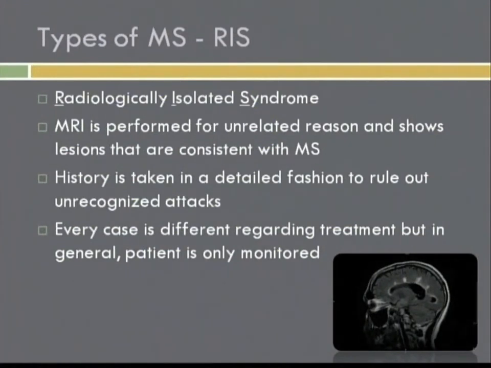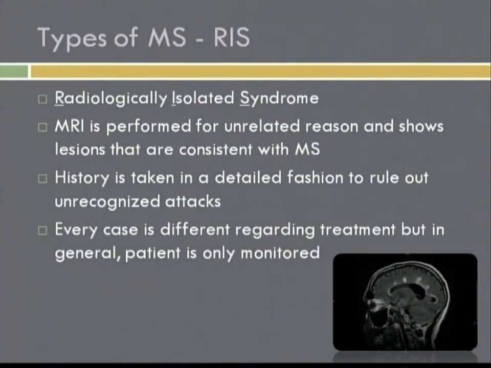And what happens is the MRI is performed for some unrelated reason, such as a patient falls and bumps their head, or they're in a study for something else, and lo and behold, the MRI shows something that looks just like MS. So what happens, and we see these patients in our office quite frequently, is that they come in and we take a history and we make sure that they didn't have any attacks that they didn't recognize, because that can happen if there are some mild symptoms. Maybe the patient thinks, I'm just having an off couple of weeks, and goes about their business.